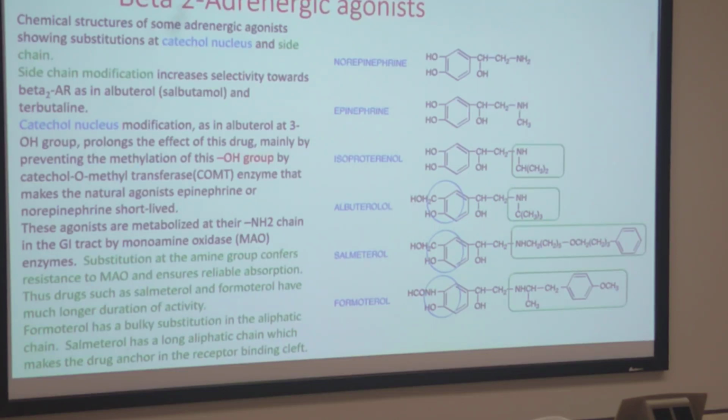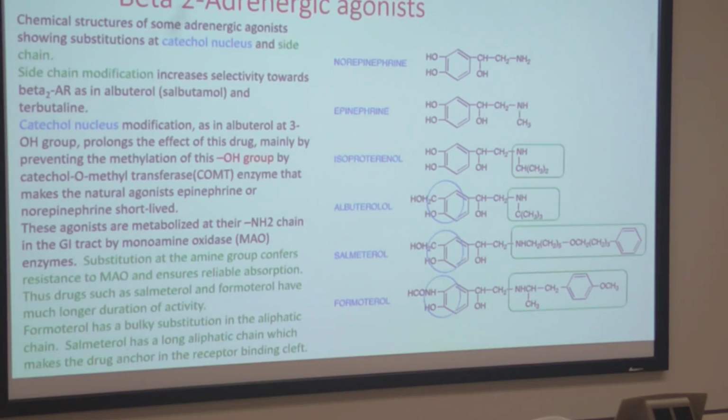So if you play around with the secondary amine with chemical modifications, you increase the selectivity, potency, and also the absorption of the medication. And it becomes immune to monoamine oxidase. So its premature degradation is prevented by adding bulkier groups to the NH, the secondary amine site.